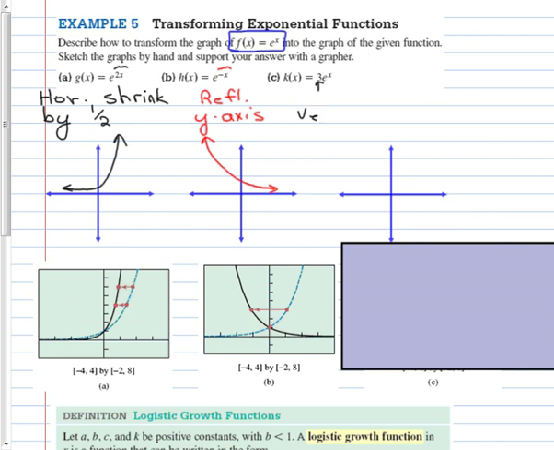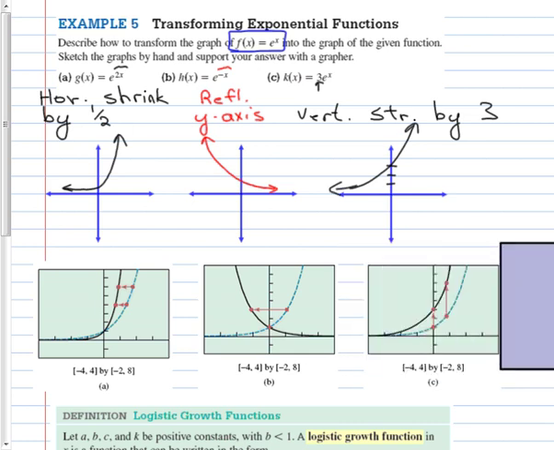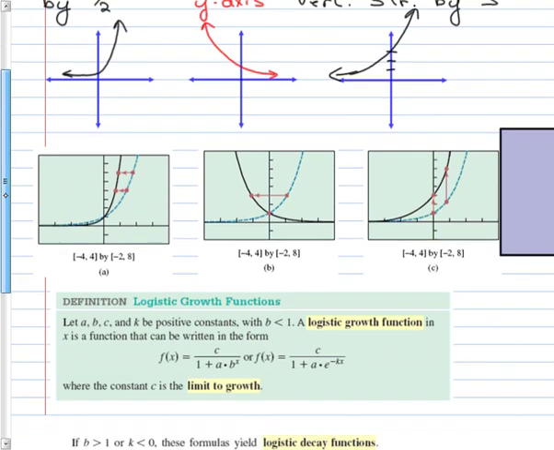Stretch 3. And vertically stretched by a factor of 3. So this is going to be 3 times as tall again. Instead of going through 0, 1, now 2, 3. And I'll see if I can make sure I make it an exponential growth this time. Too easy for us pre-calculus scholars.